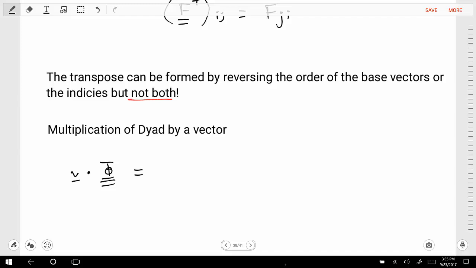We could then describe the product as v dot a1 times b1 plus v dot a2, b2, and so on, right? So we would distribute that dot product through each of the subtensors, which is a nice little relationship there.